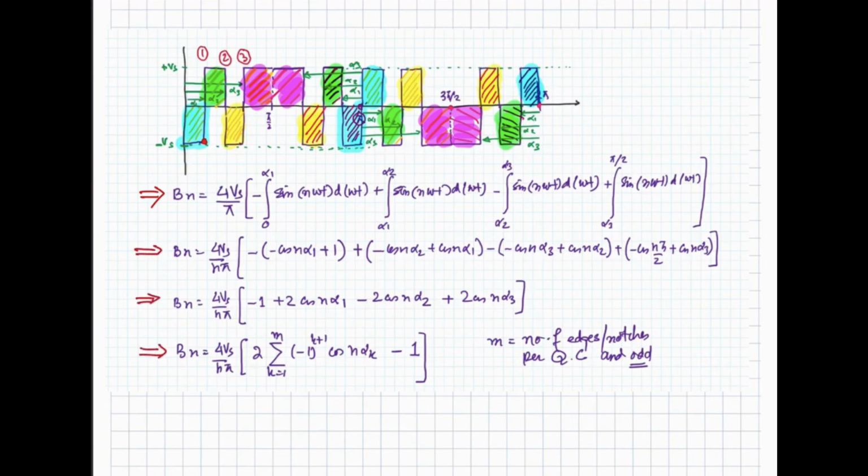So Bn will be given in generic form with the help of this expression, where m is the number of edges or notches per quarter cycle, and it should be an odd number. So by adjusting the angles alpha 1, alpha 2 and alpha 3, we can cancel out 3 sets of harmonics at a particular instant of time.